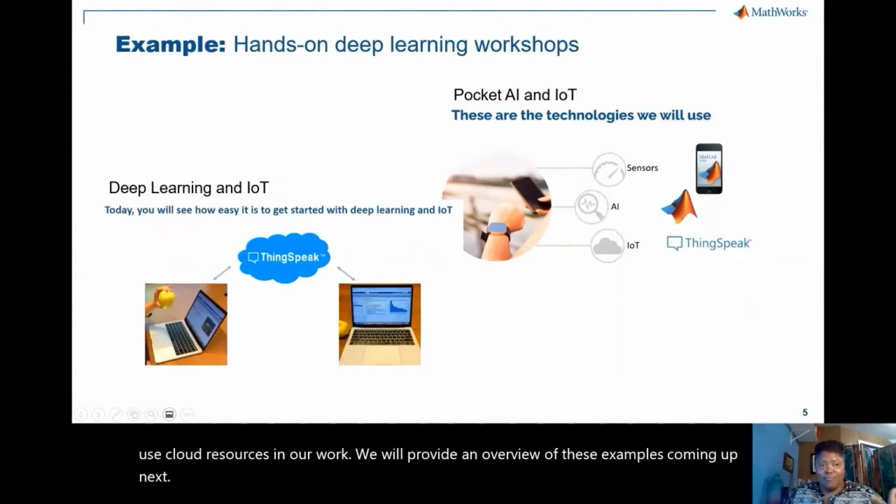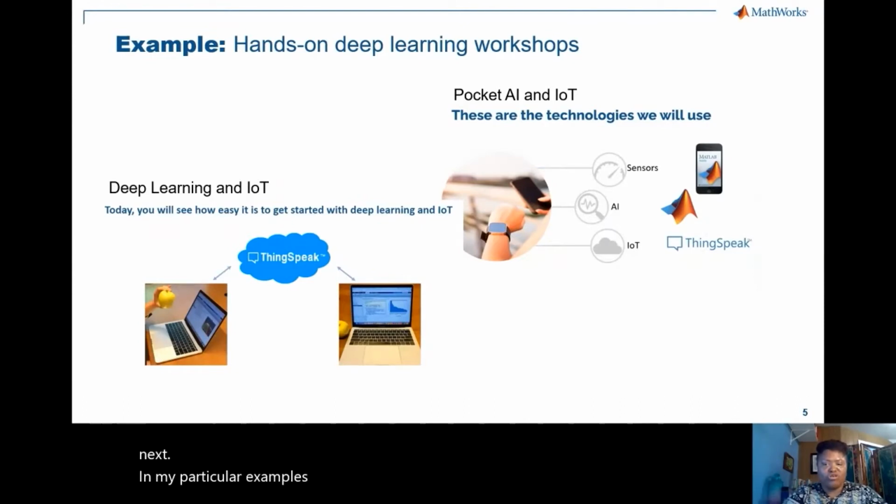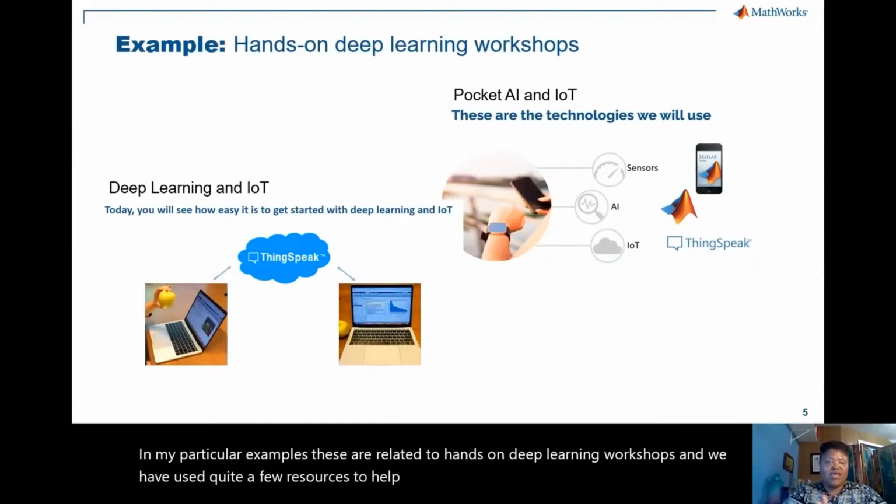In my particular examples, these are related to hands-on deep learning workshops, and we have used quite a few resources to help us host many workshops, especially over the past 2 years. Cloud was most definitely involved.